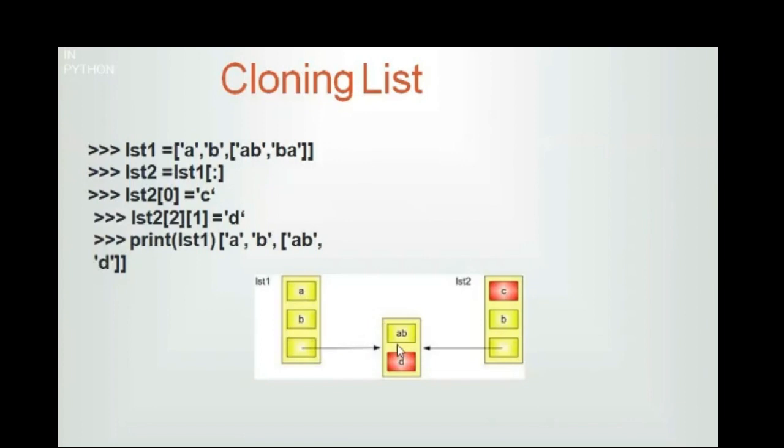So when I make changes in this one, that will be reflected in both list one as well as list two. So in the second position, this is the 0th position, first position, you have to fetch character by character: L2 of 0, L2 of 1, like that you have to fetch.